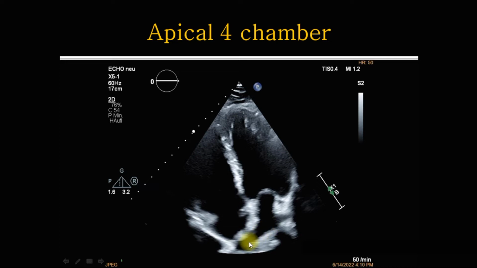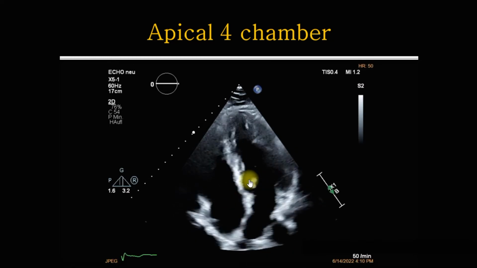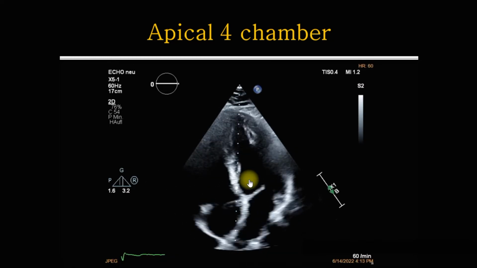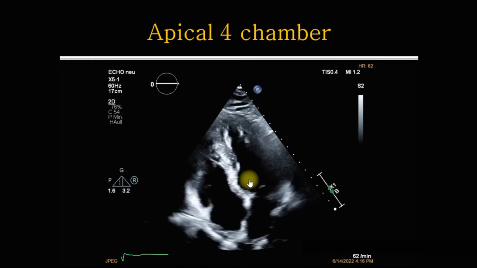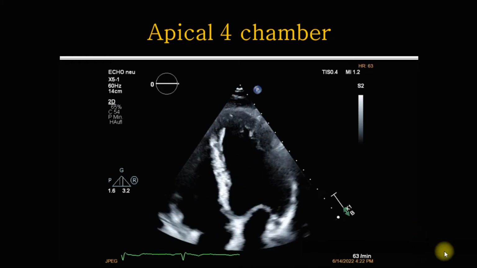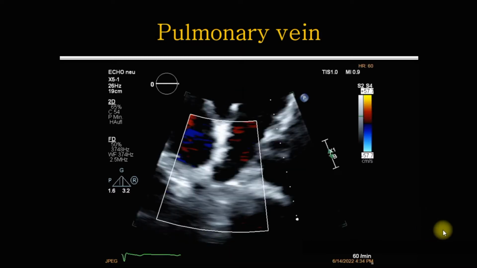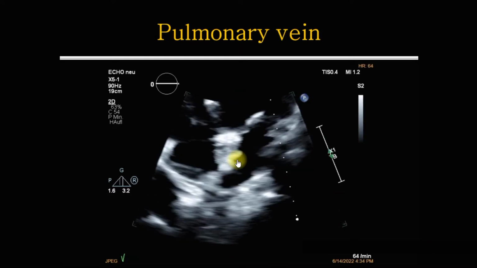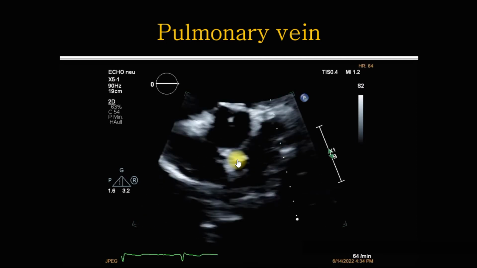This is one of the pulmonary veins, most probably the right upper pulmonary vein. It is an important structure. We can discuss this perhaps in next lectures.